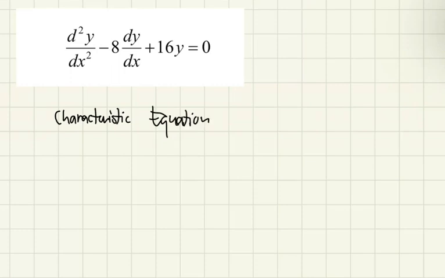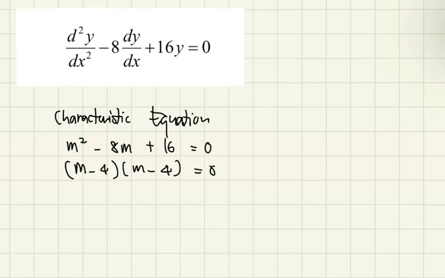So we have m squared minus 8m plus 16. Then solve the quadratic equation. So we have m minus 4 multiplied by m minus 4. So we have only one value, m equal to positive 4. So this is the second case, where we have a real and equal root.